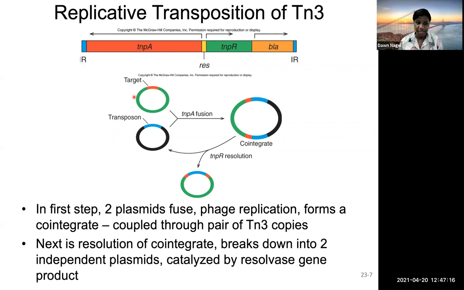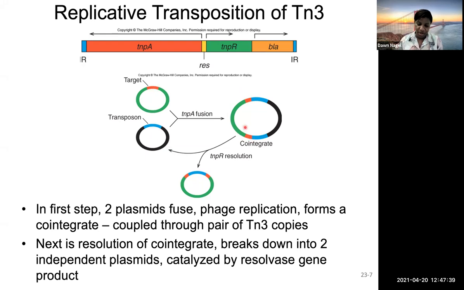So you have your target DNA, you have your transposon, your 2 plasmids, right? What usually happens is that these 2 plasmids will fuse together, right? And form this single plasmid, or what we refer to as a cointegrate, right? So you can see that this is that part, and then this other part is here, right? So they kind of fuse together.